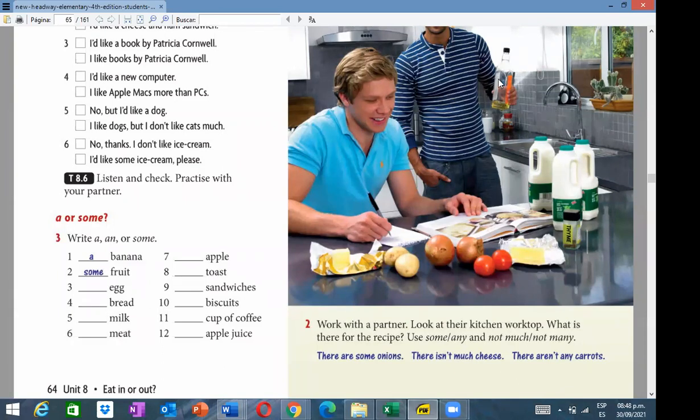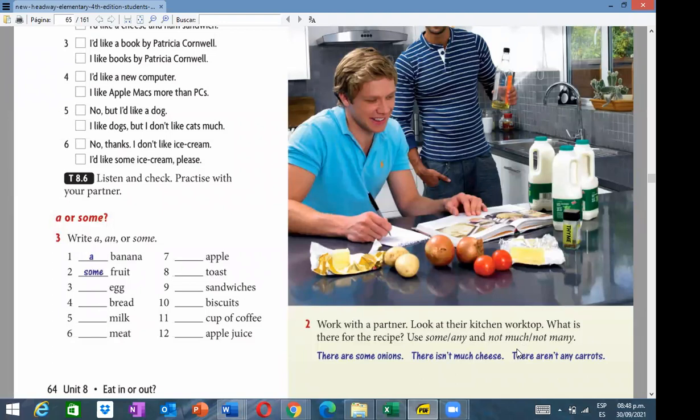Pero puedes decir, no hay mucho, por ejemplo. La idea es usar some, any, not much, not many. ¿Ok? Recordando el aceite, aceite incontable. Entonces, not much. ¿Cómo decimos? No hay mucho aceite. There isn't much oil. Very good. No hay mucho aceite, ¿cierto?